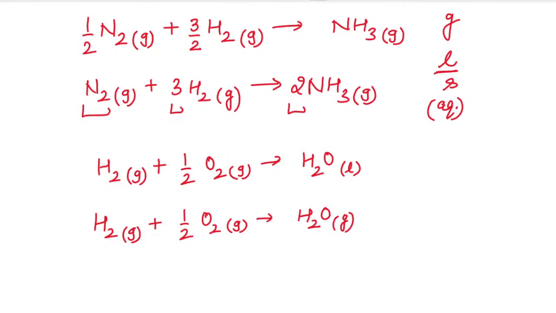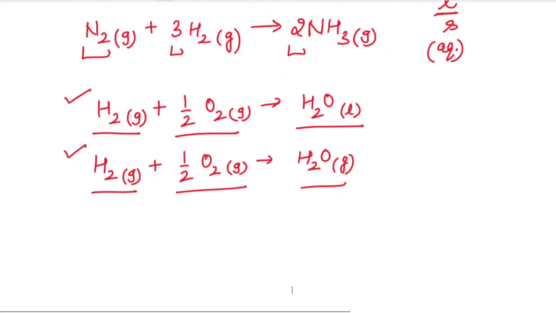See, in both cases the reactants are the same: 1 mole of H2 gas, half mole of O2 gas. But the products formed are H2O liquid and H2O gas. So the energies involved are different.